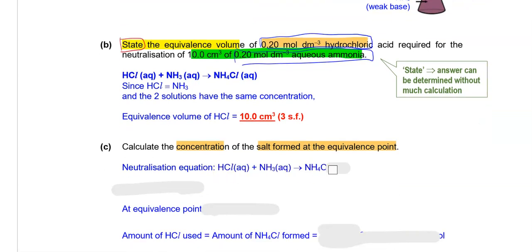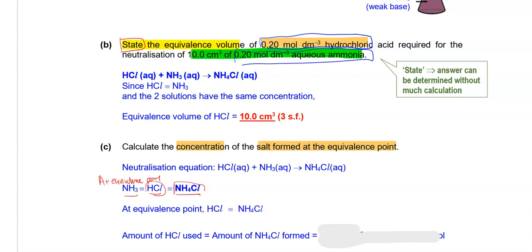Okay, so if this is the neutralization equation, we know that at equivalence point, the mole ratio of NH3, HCl and NH4Cl will be 1:1:1. The number of moles of NH4Cl is the number of moles of HCl present.